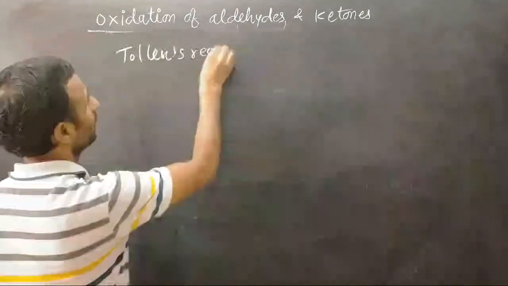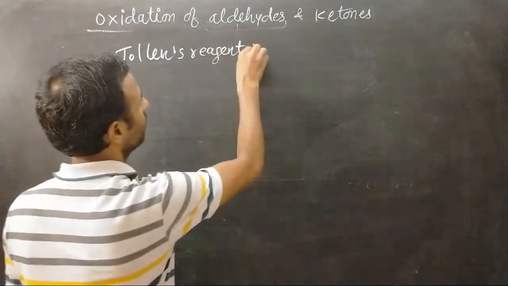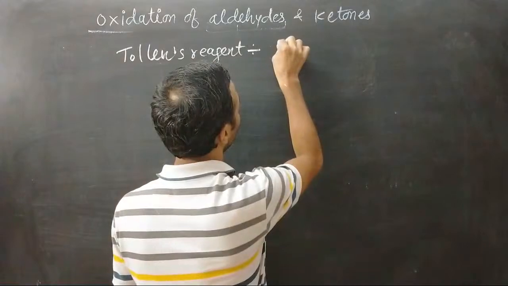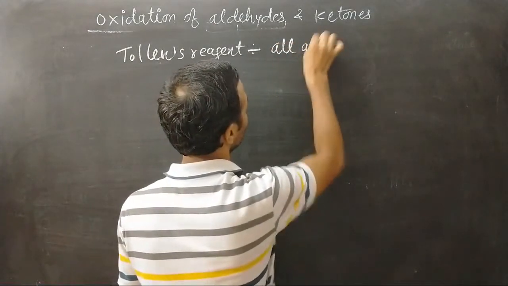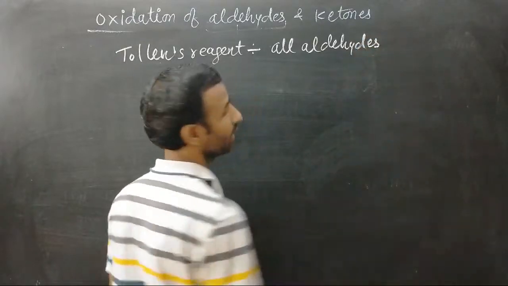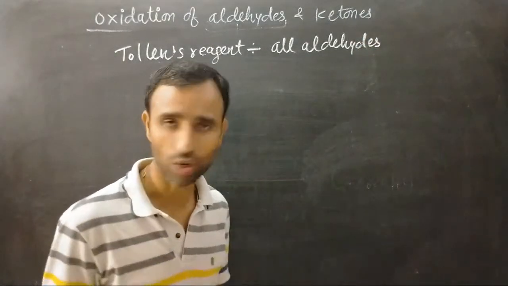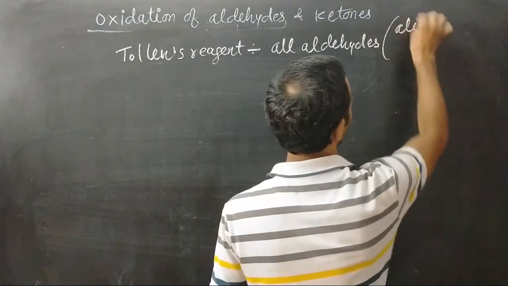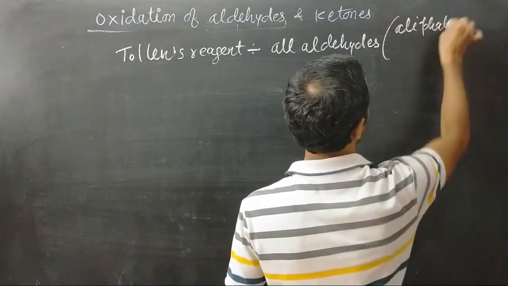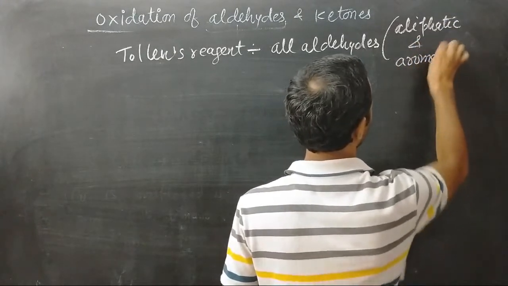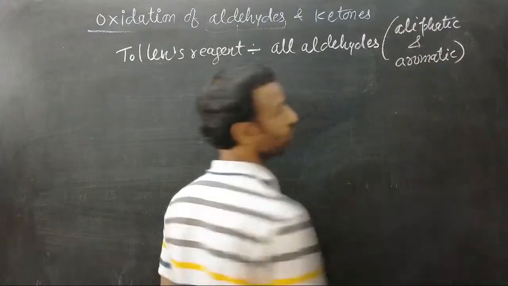Tollens reagent will react with all aldehydes, that is aliphatic and aromatic. Ketones will not react.